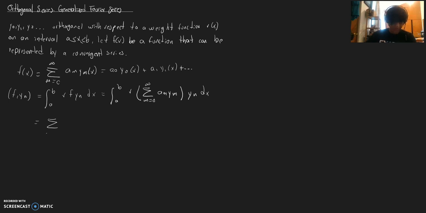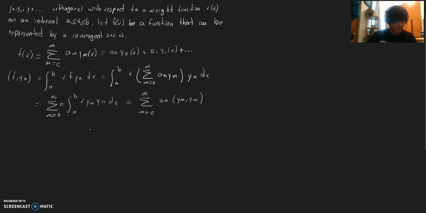Thus we will have something like this: the sum from m equals 0 to infinity of the integral from a to b of r am ym yn dx. And finally, another representation can be as follows: am times the inner product of ym, yn. So yep, this is another representation of the given series, and well, we can make another conclusion.